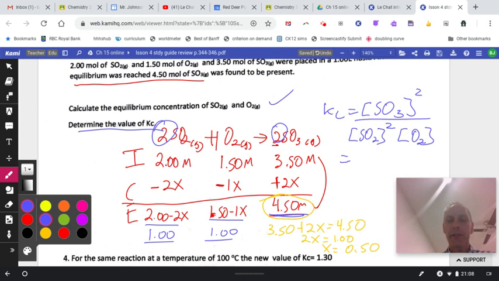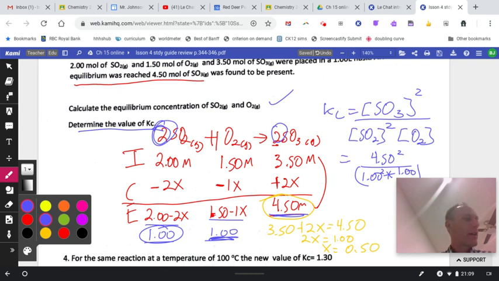So products is 4.50 squared over 1.00 from here, and it's squared, times 1.00. Okay, well, that's interesting. The bottom is just going to be 1.